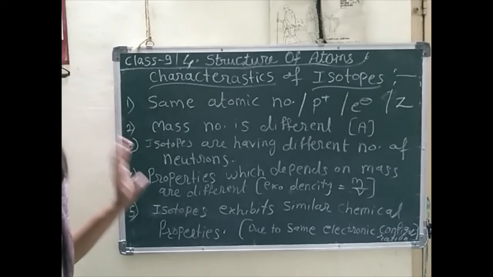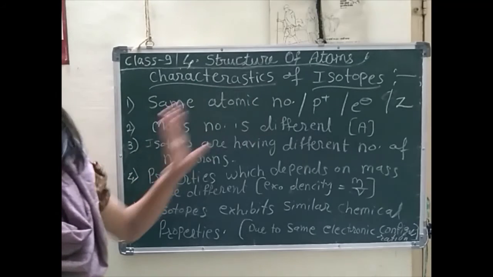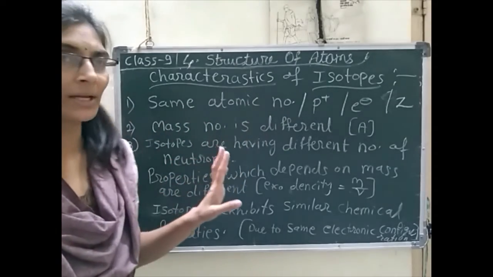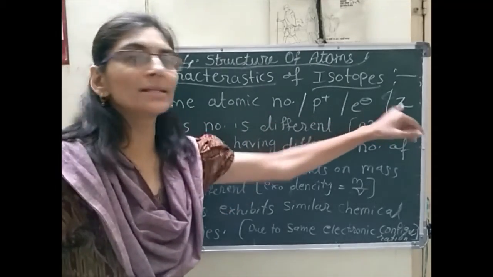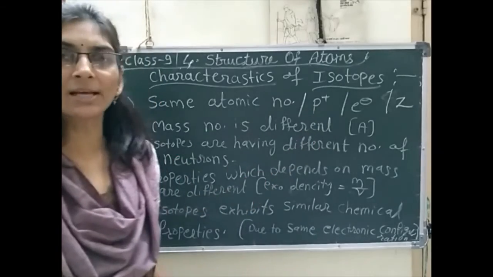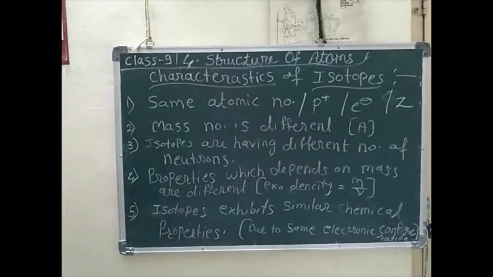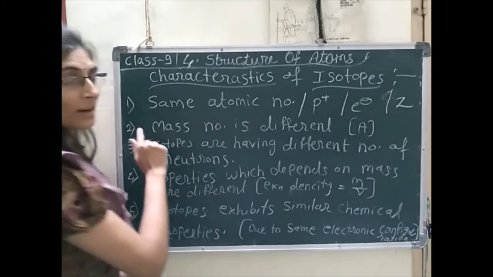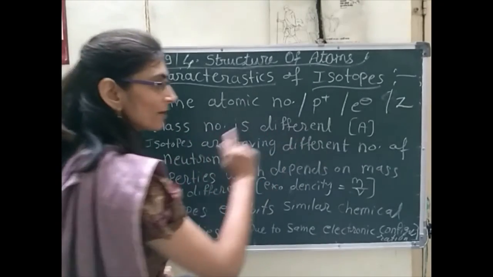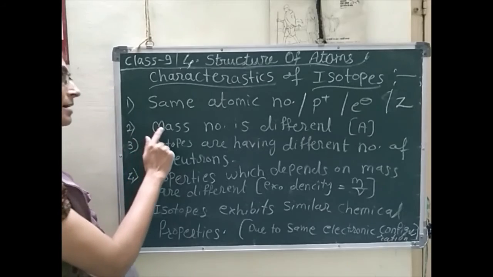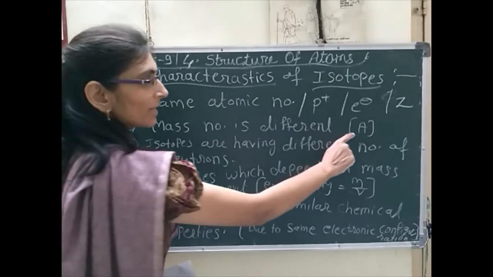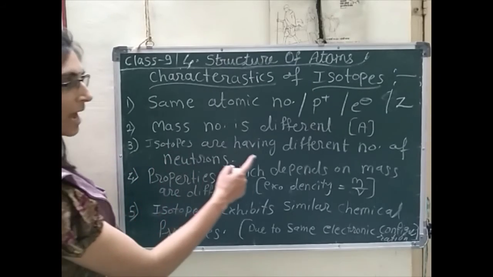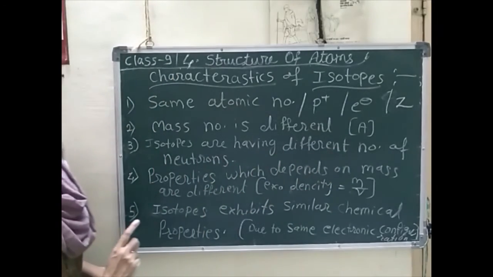So these were the characteristics of isotopes. The first characteristic is they are having same atomic number, that is Z is same, means the number of protons are same, number of electrons are also same. Second, mass number of isotopes is different, that is A is different. Third, isotopes are having different number of neutrons.